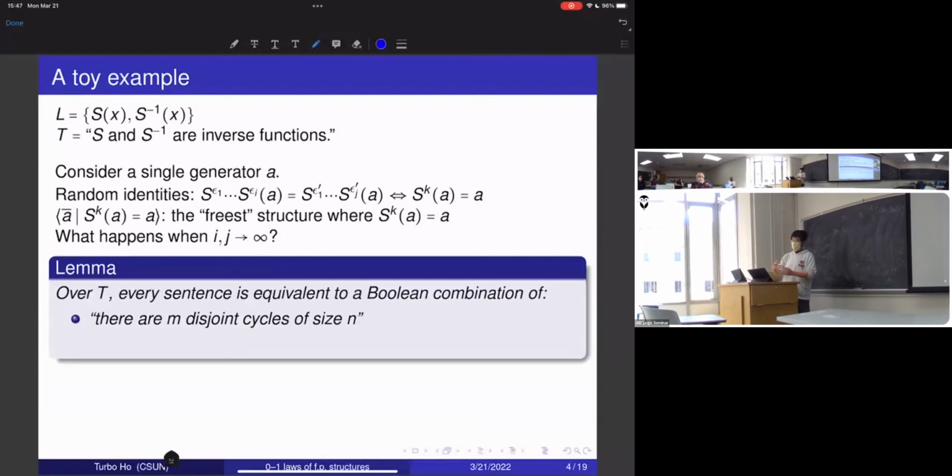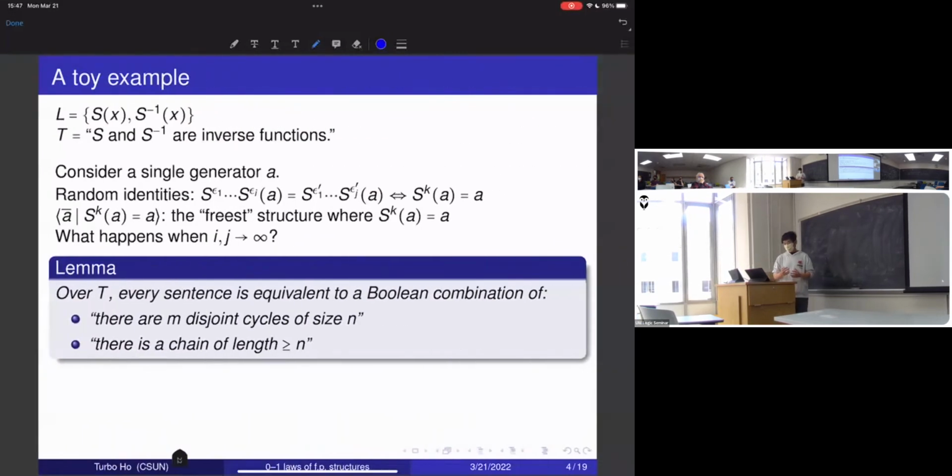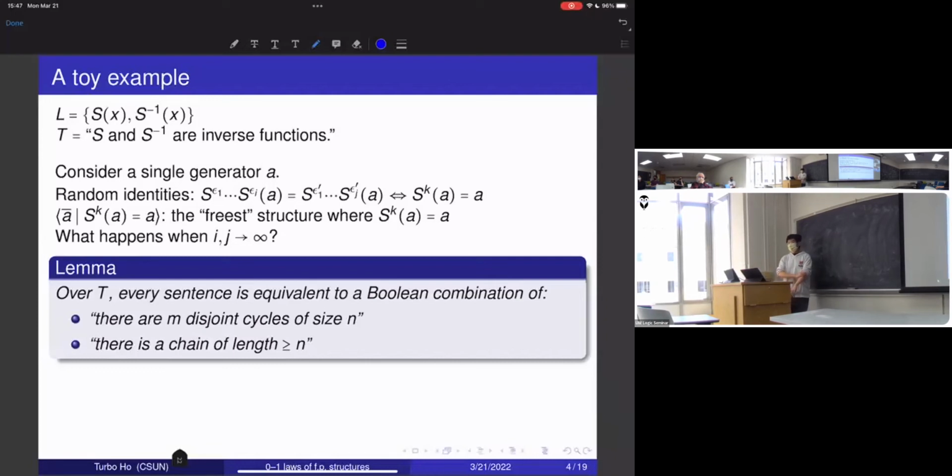But in general, this is true for any structure over this theory. And then there's a second kind, which is basically saying whether you have a chain of length at least n or not. It turns out that you can show every sentence is a Boolean combination of these two. So all you need to do is to show the theorem holds on these two kinds of sentences.